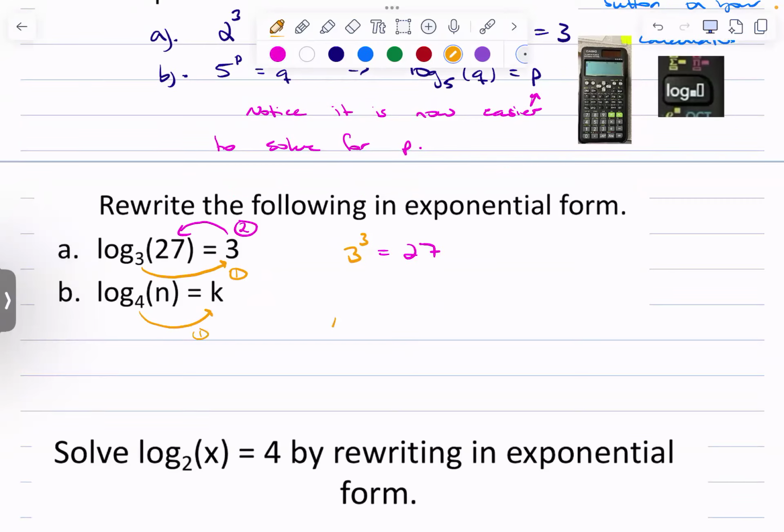What about the next one? 4 to the k is equal to n. So second move.